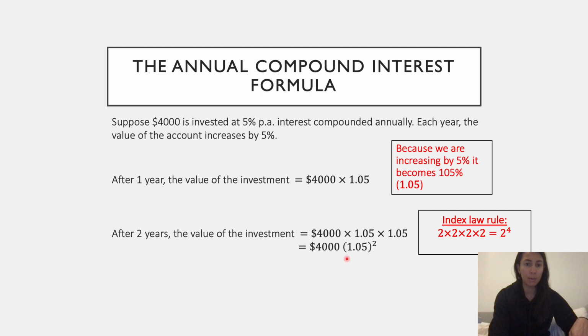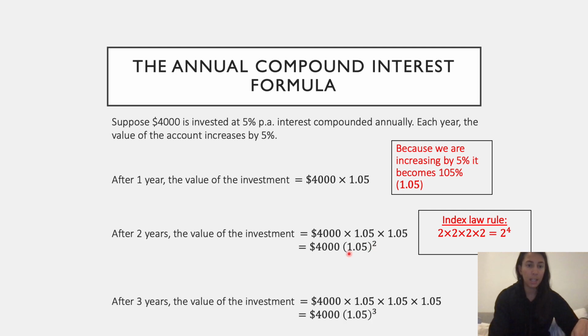So it's the same concept here. It's 1.05 to the power of 2. And then you'll see a continuation of this. So after 3 years, it would be 4,000 times 1.05 to the power of 3. All right, so that's showing you why we have the formula that we have.